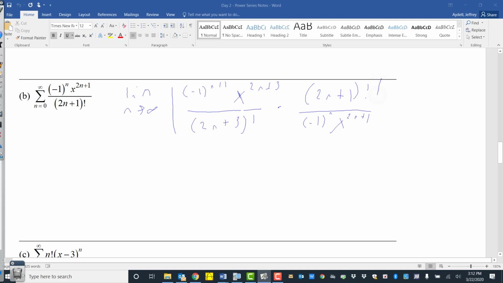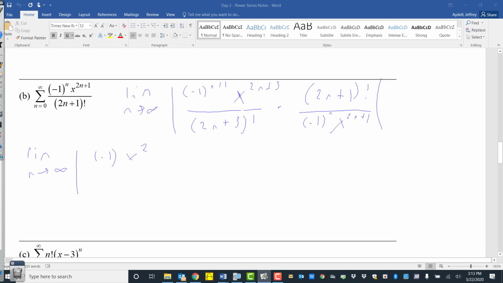So, going to do a little bit more simplification, but a lot of it is going to be in the same vein as what we looked at yesterday, or with the last problem. So limit as n goes to infinity, absolute value, we're left with just another -1. The x to the 2n plus 3 over the x to the 2n plus 1 should just end up giving us x squared.